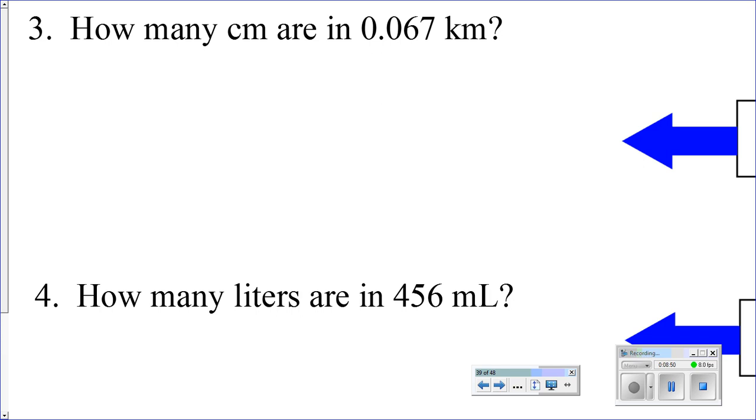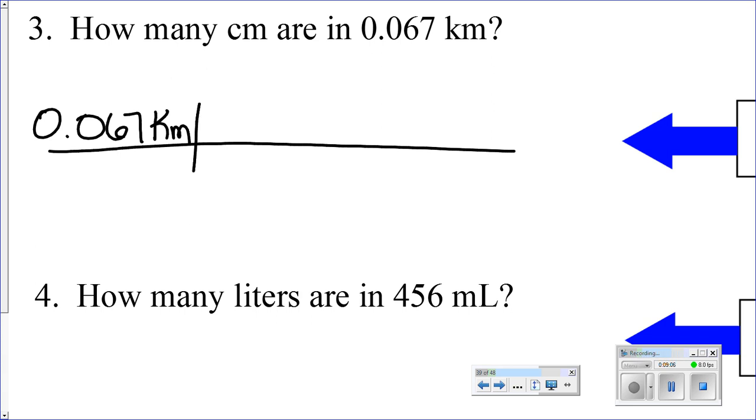If I want to do kilometers to centimeters, and I'll show this one with the line. This is a 2-stepper, or I would do it as a 2-stepper. So 0.67 kilometers. And if I know I'm going to do 2 steps, this is kind of a quick and easy way to do this. 1,000 meters to 1 kilometer.